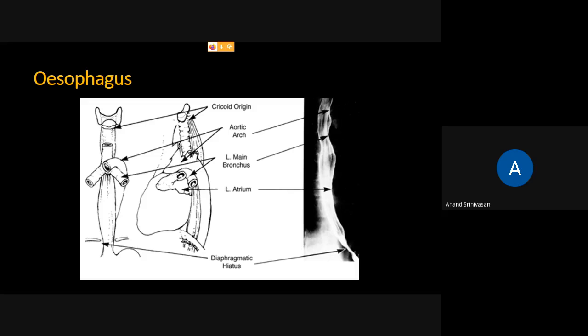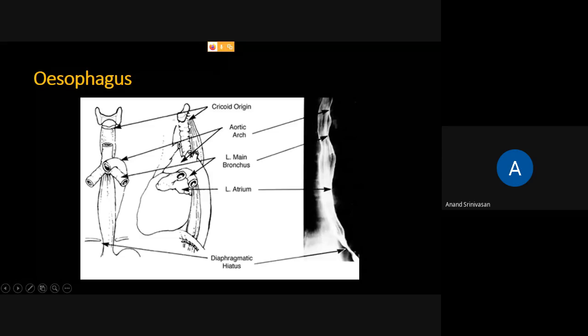Now, the esophagus. You already know the gross anatomical features of the esophagus. You know that there are certain constrictions in the esophagus. One is at the level of the cricopharynx. The second constriction is at the level of the aortic arch, then just below it will be the bronchus and then the left atrium.